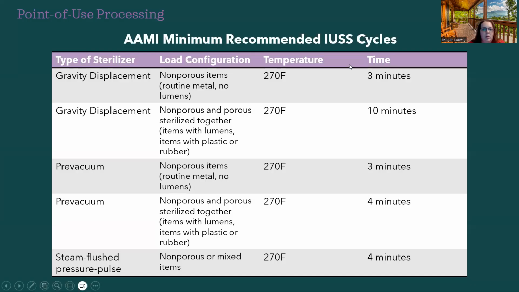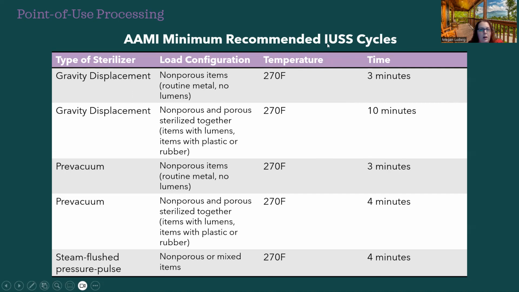So this little chart here is for the immediate use steam sterilizer. This is the AAMI minimum recommendations. It makes it easy that all the temperatures are the same here. They're at 270 degrees Fahrenheit. Your times are going to change based on what is in it, load configuration, and the specific type.